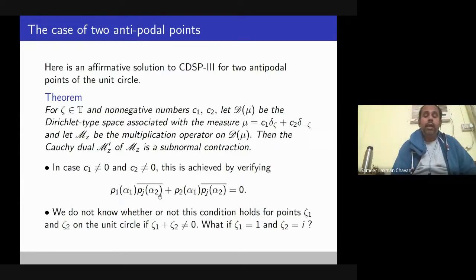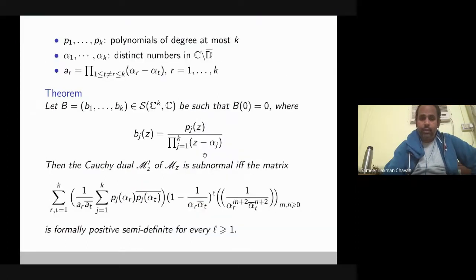And these are the roots, and if you get this orthogonality condition, then you can obtain the subnormality. Now let me go to the last slide. You will find that this orthogonality condition is there implicitly.